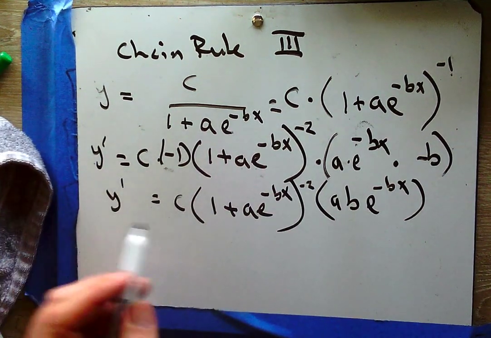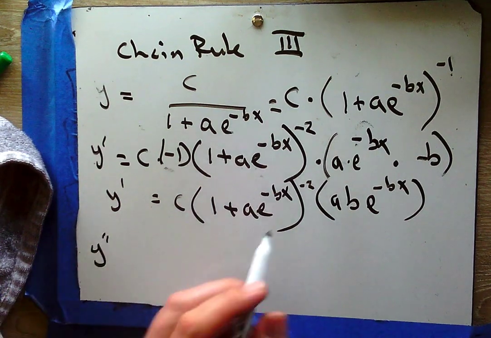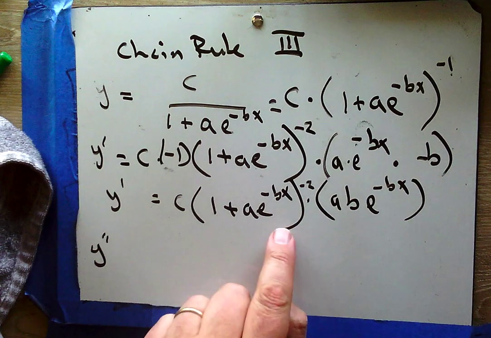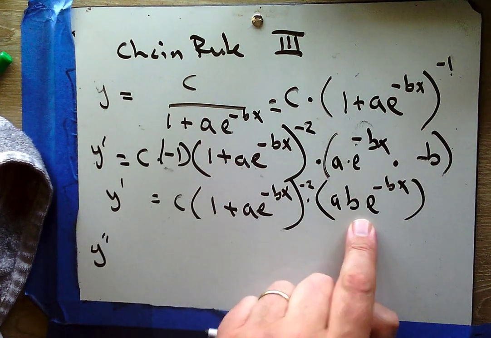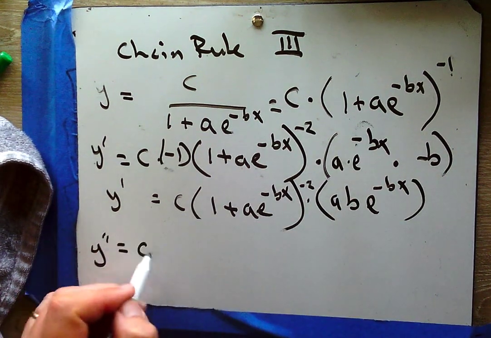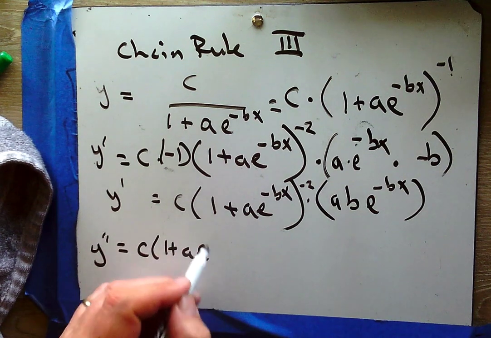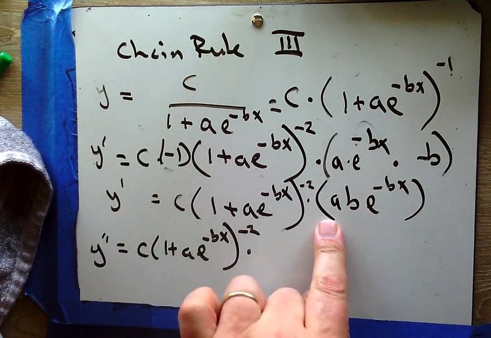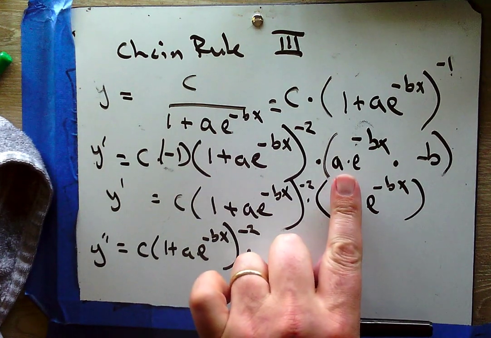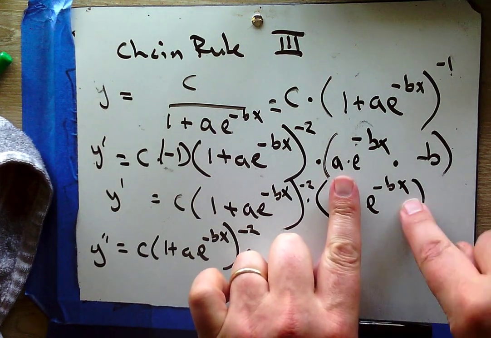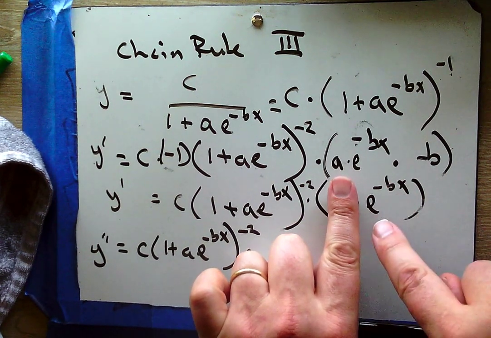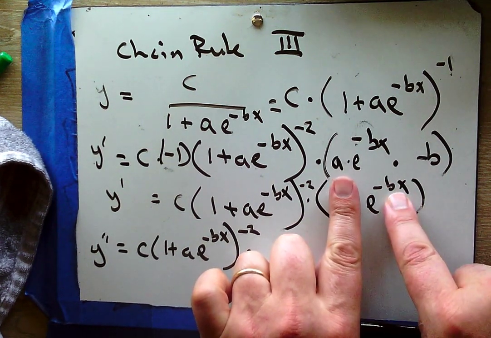What about y double prime? Look, it's a product rule. So this times the derivative of that. c times 1 plus a e to the minus bx to the negative 2, times the derivative of that. Well, the derivative of e to the something is e to the something times the derivative of the something.